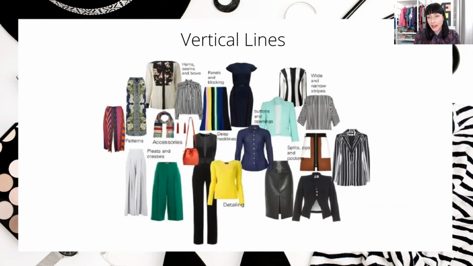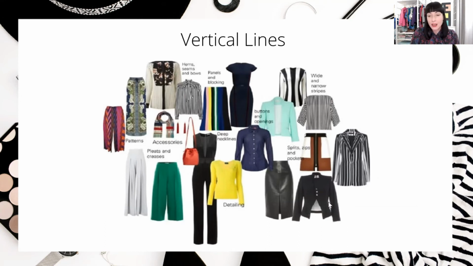So another really awesome trick in terms of creating that length through the body is vertical lines. As we've mentioned before, and you can find more details on this in step 2 of the video course, they can be absolutely stripes, but it's also embellishments and detailing.